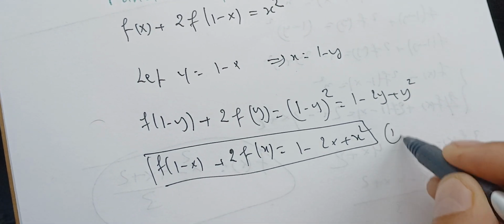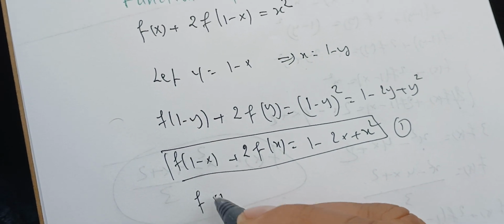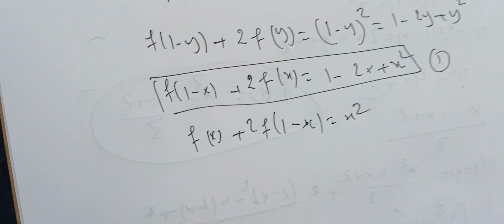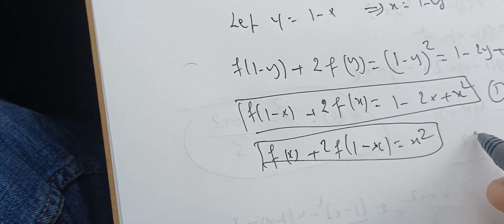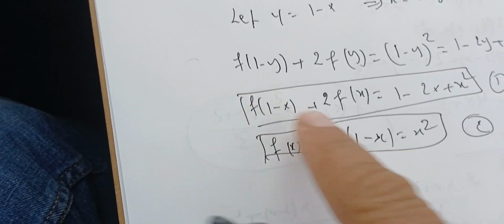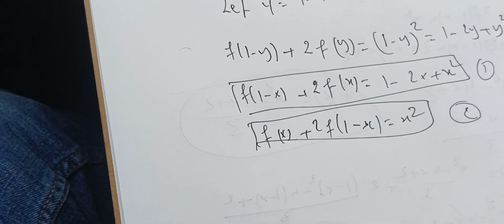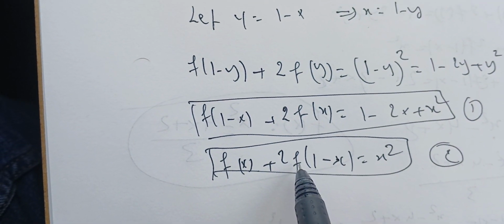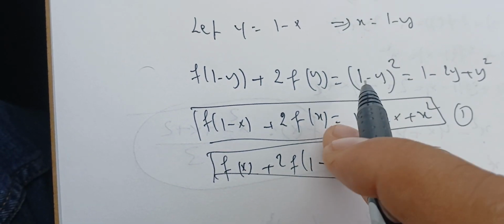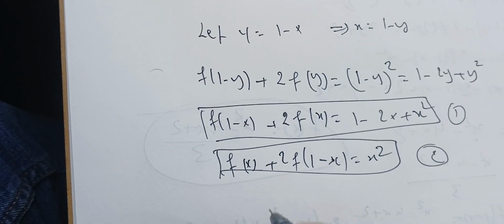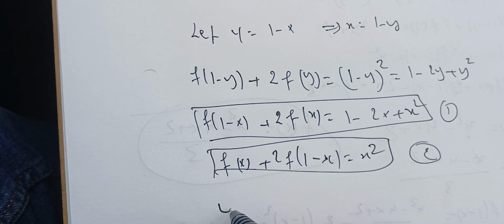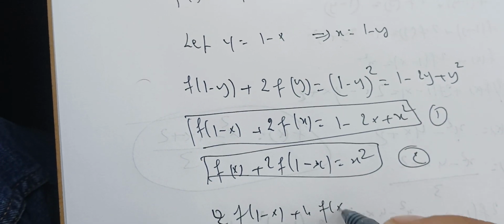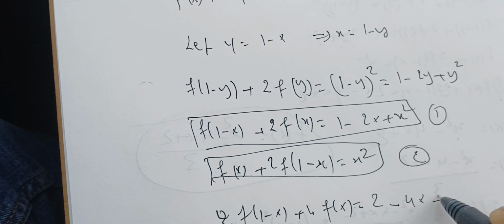Okay, so now we have this equation, and we have the first one, f of x plus 2f of 1 minus x equals x squared. So we have two equations, and the principle is we want to get rid of this f of 1 minus x. The best way is to multiply the first equation by 2 and subtract it from the second. So multiplying everything by 2 gives 2f of 1 minus x plus 4f of x equals 2 minus 4x plus 2x squared.